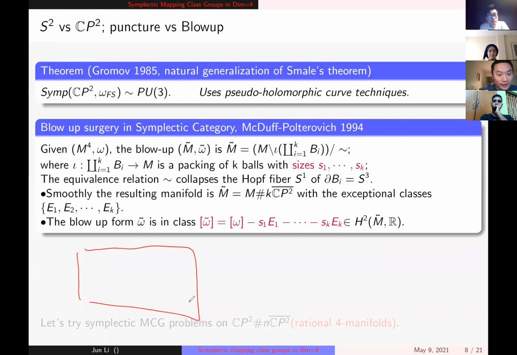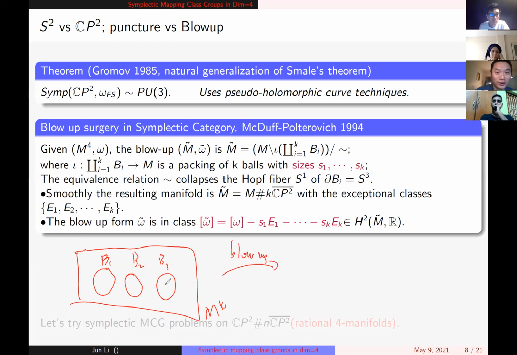Like we have an M4 here. Of course, this construction works in any dimension, but here we restrict ourselves to dimension 4. Firstly, we have a bunch of symplectically embedded balls, like B1, B2, B3. Now we do care about size because whenever we do embedding in the symplectic category, size does matter. Then we try to do this blowup.